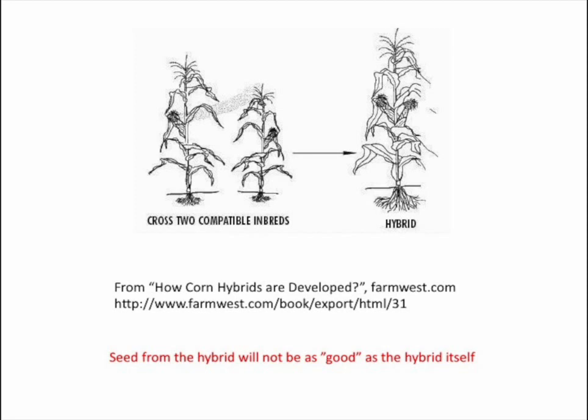In the actual process, we would detassel the one on the left, and so then we would be sure that corn was crossed. The plant providing the pollen, the one on the right, would not be harvested, and the ear would come from the one on the left.